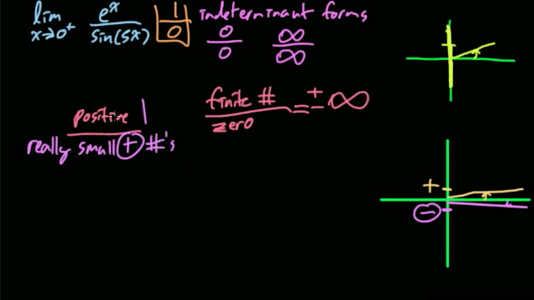As we divide a finite number by numbers that get really, really close to 0, this is going to go to positive infinity.